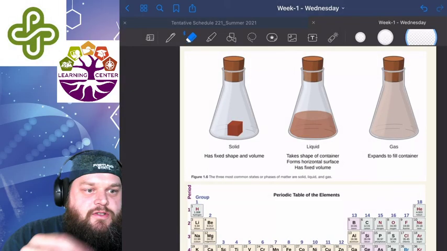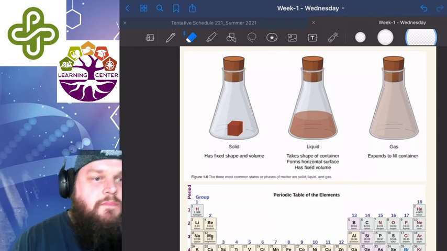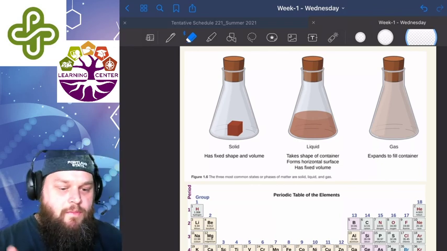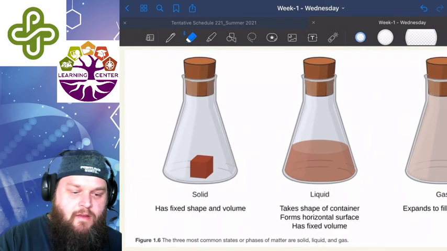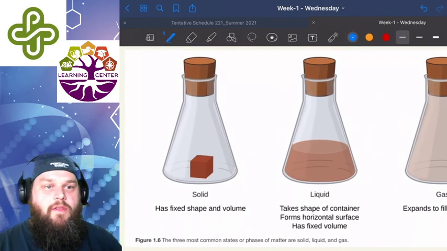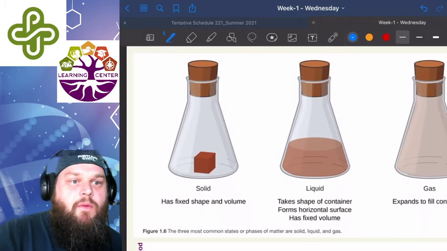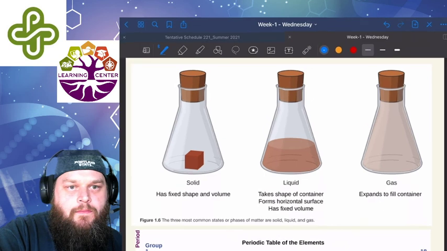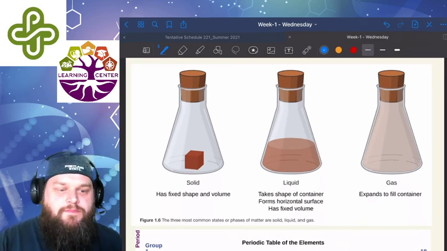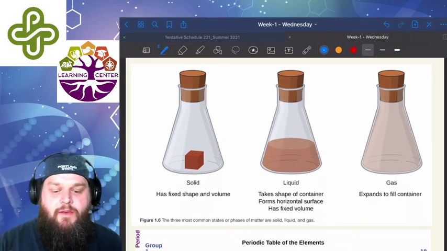So I'm going to jump in here. Today, I'm going to start out by talking about the different phases of matter. Some of this should be fairly familiar to you. There's a solid, a liquid, and a gas phase.